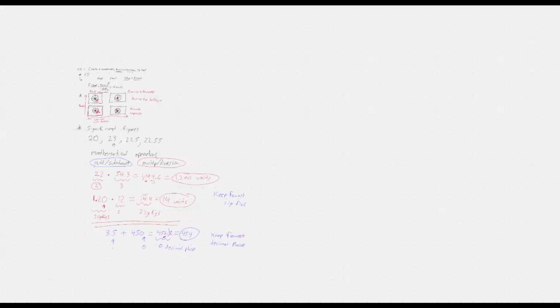So let's say we had the numbers 12.1 times 3.2 plus 4.0 times 12. All right, so what we have to do is PEMDAS, right? Your order of operations, which says multiplication should come first, and we have two of those. These two numbers get multiplied, and these two numbers get multiplied.